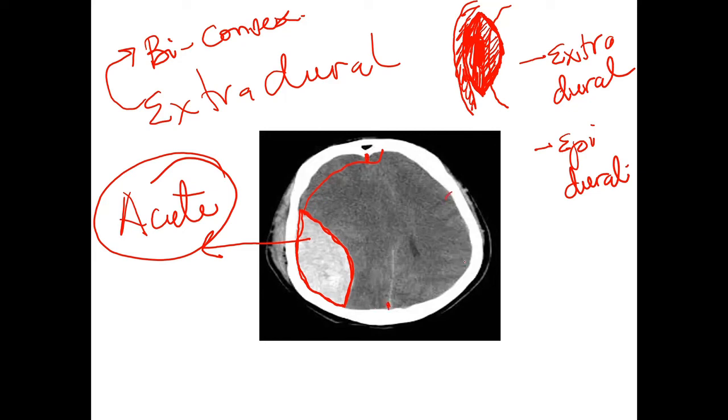So you either have it here, or here, on one side. They do not cross suture lines because at the suture lines, you have attachment of the dura to the skull. So what are the features of epidural hematoma? One, they present with loss of consciousness, lucid interval.